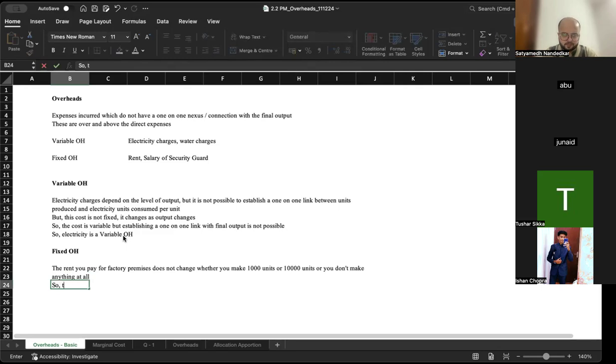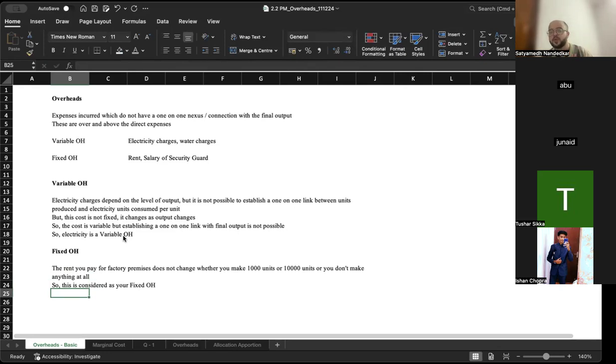So this is considered as your fixed overhead. Rent expense is a fixed overhead. Electricity charges are a variable overhead.